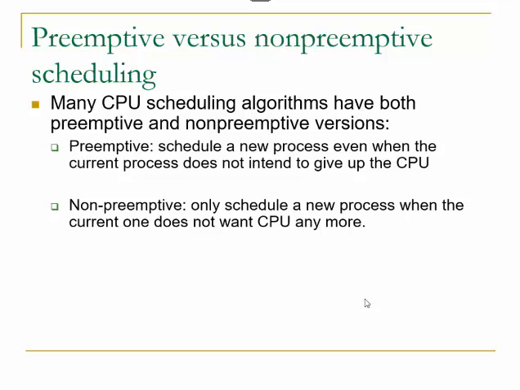So next we move on to the versions of scheduling. First is preemptive and second is non-preemptive. Many CPU scheduling algorithms have both preemptive and non-preemptive versions. In preemptive scheduling, we schedule a new process even when the current process does not intend to give up the CPU.